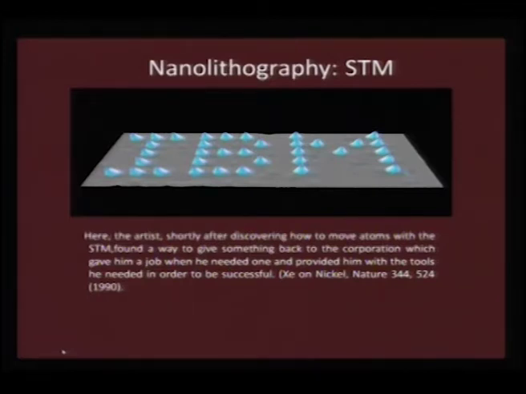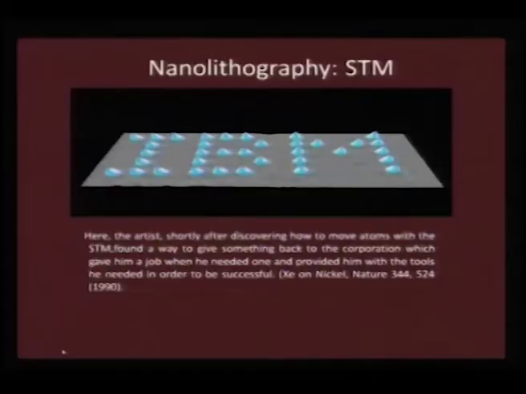And this is one of the examples where a person hired by IBM was successful in capturing xenon on nickel. So, these blue dots are nothing but xenon, which he could pick up with the STM tip and exactly decorate an IBM letter on the nickel surface.